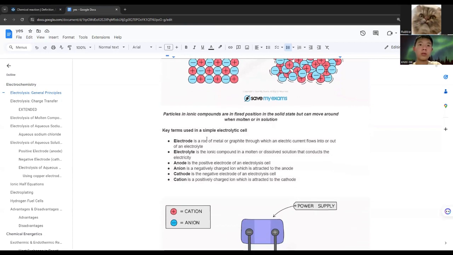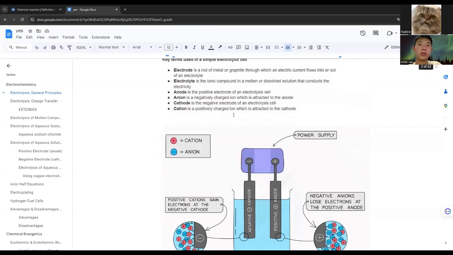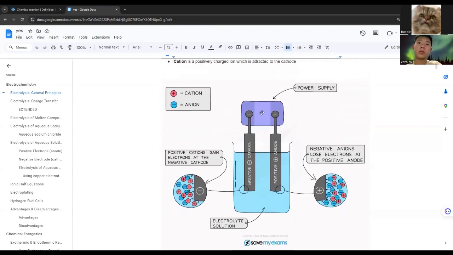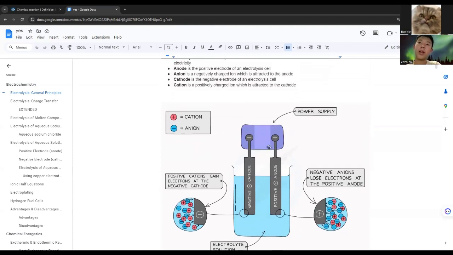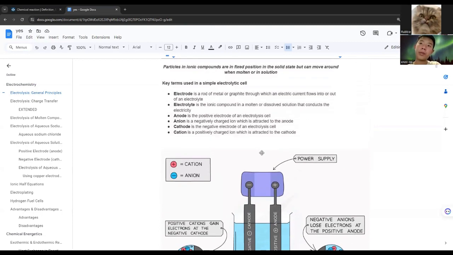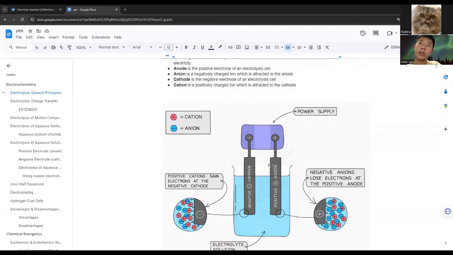So the key terms in an electrolytic cell. First we have the power supply. This can be like a battery or something. And then the cathode and anode. These are electrodes. Electrodes attract molecules of elements.